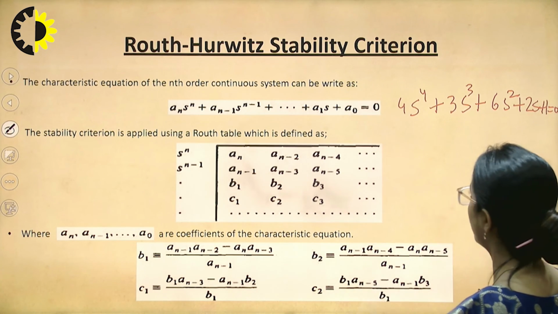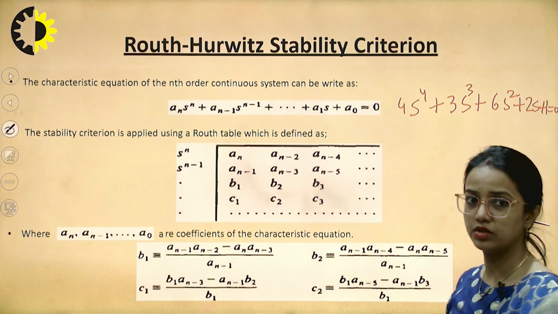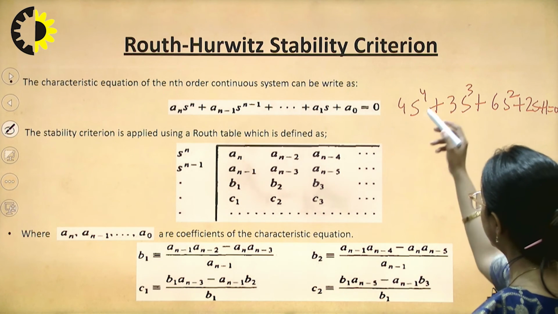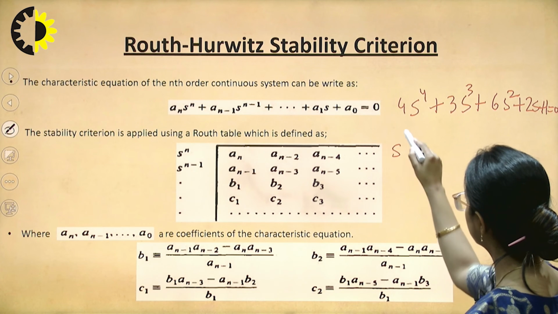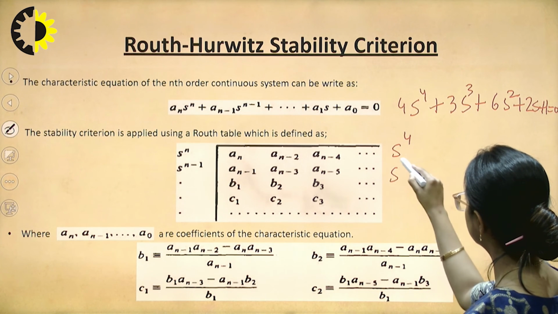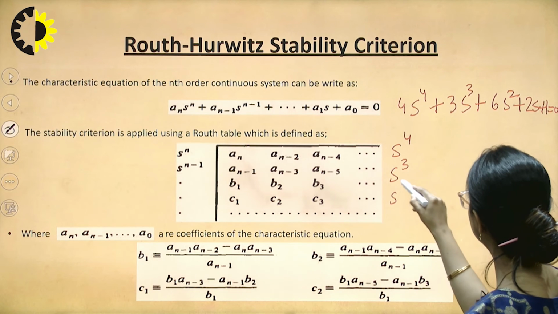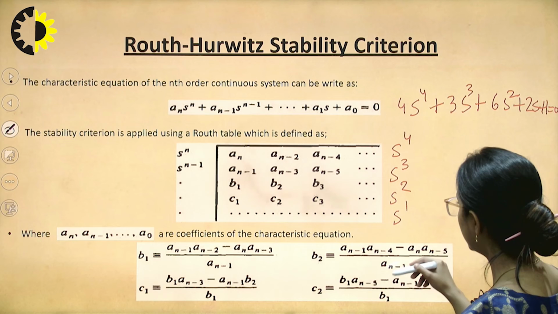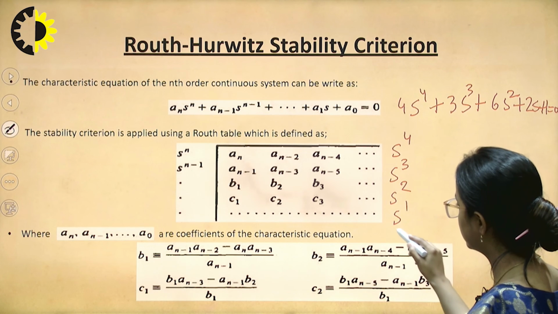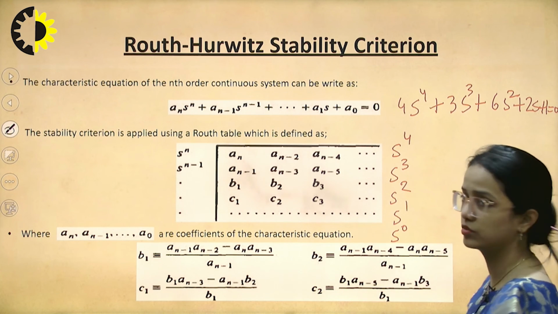So this is a polynomial. Then what we'll do is write the highest power, s raised to the power 4, then s raised to the power 3, then s raised to the power 2, then s raised to the power 1, and then s raised to the power 0.